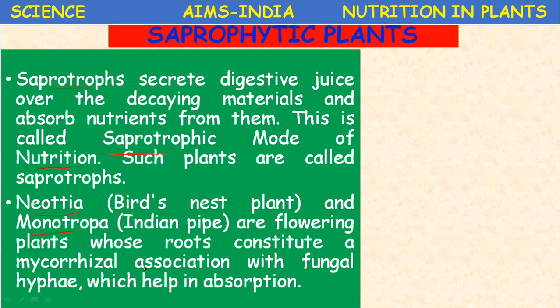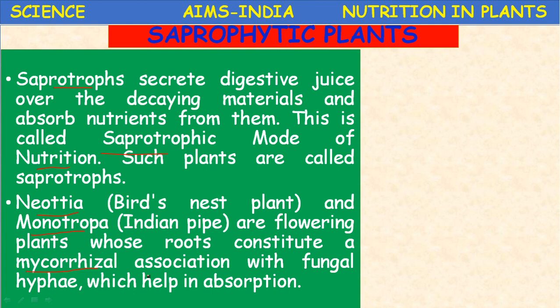These are flowering plants whose roots form a mycorrhizal association with fungal hyphae, which help in absorption. So it is a symbiotic association, we can say. Neottia and Monotropa are the two flowering plants.